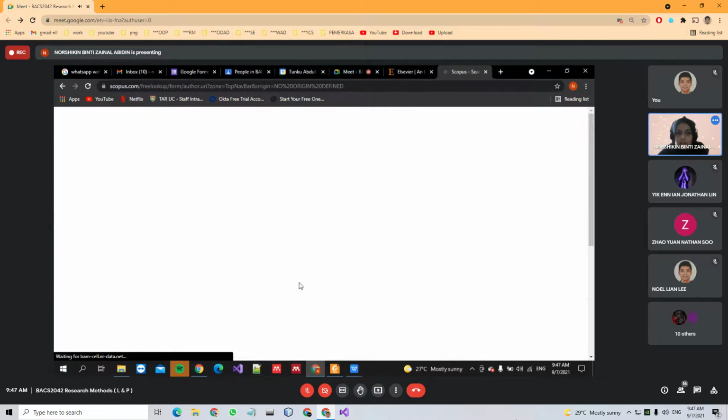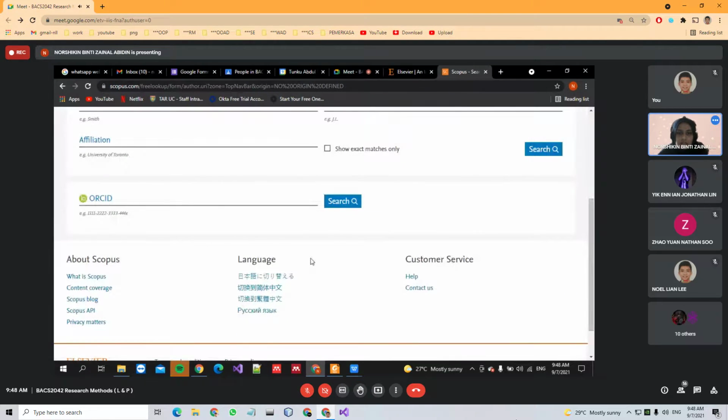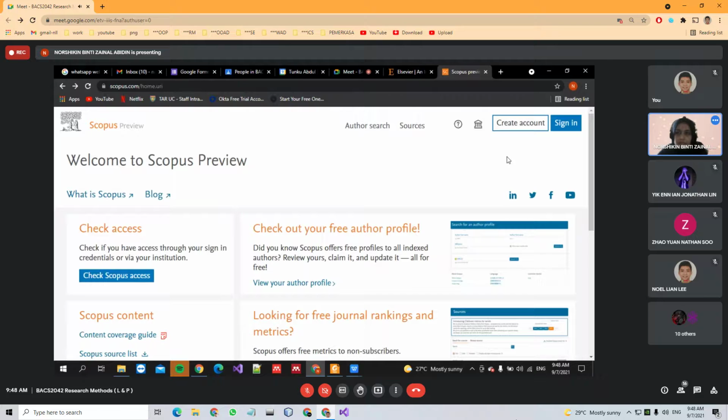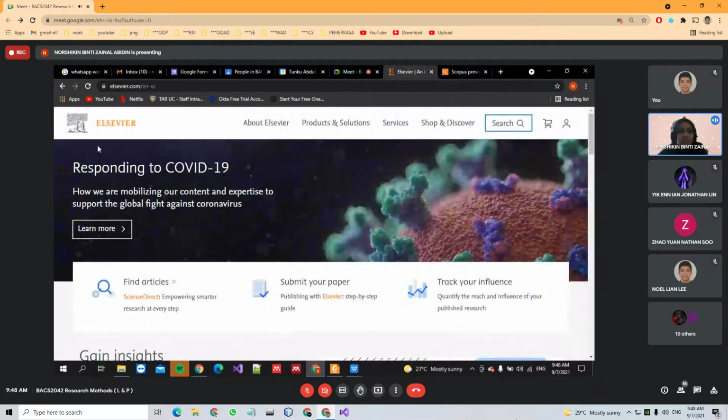Scopus. This one is another example of an online database. You can read from this Scopus for computer science. It's different from Elsevier just now.